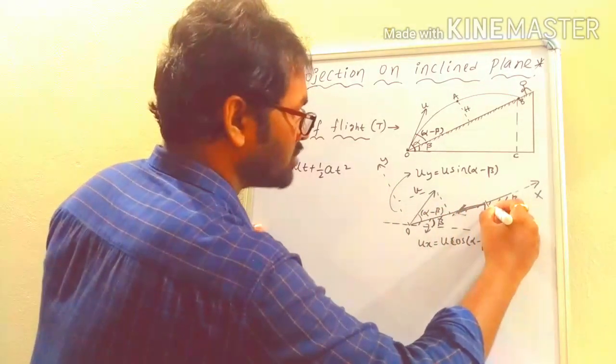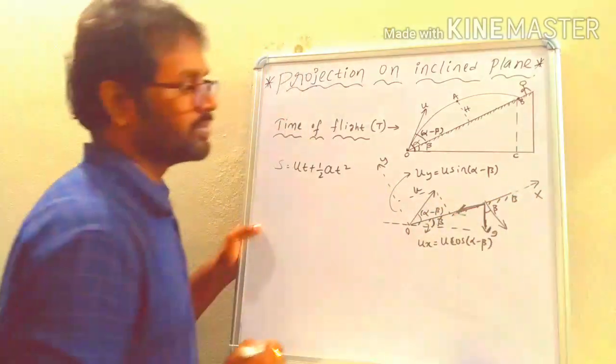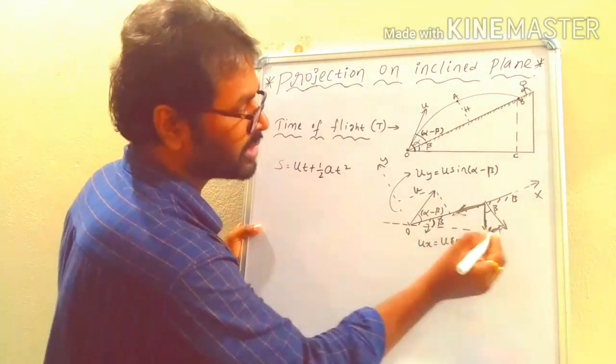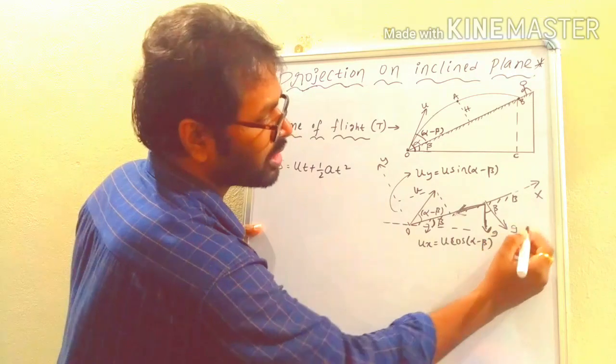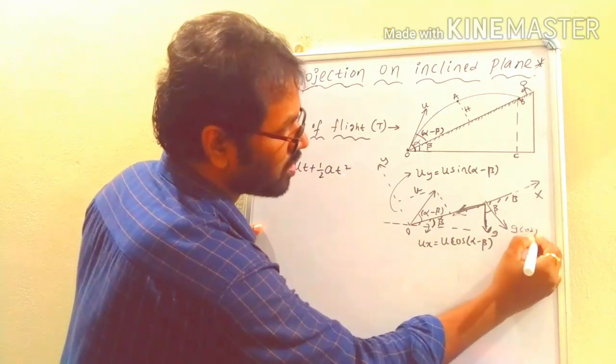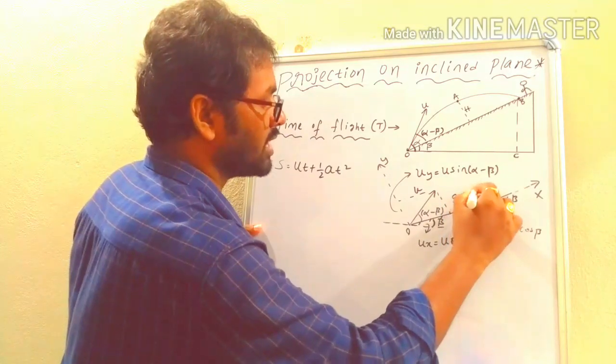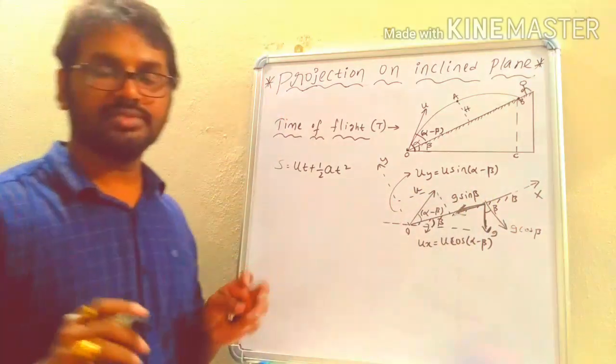And this angle also comes as beta. Now we can easily divide this g into two components: this component comes as g cos beta, and here it comes as g sin beta. That's it.